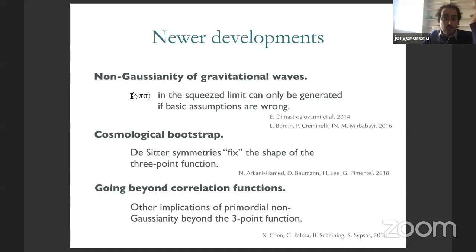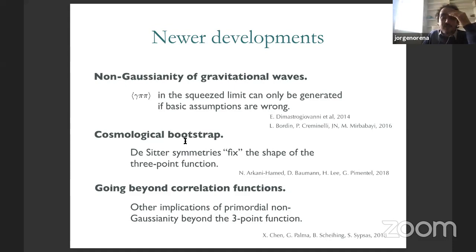Things like whether the early universe was isotropic or not, or even the symmetry breaking pattern during the early universe. A more recent and more famous result is what the authors like to call the cosmological bootstrap.